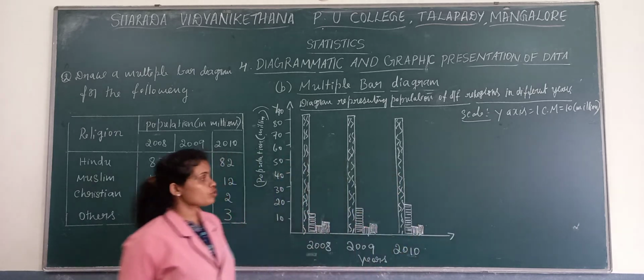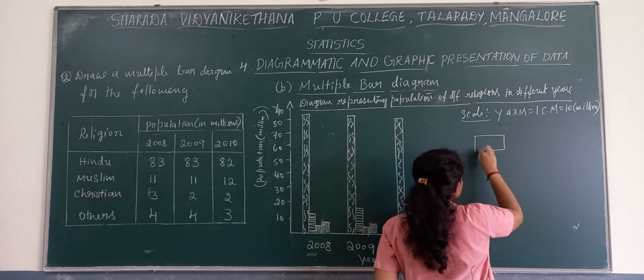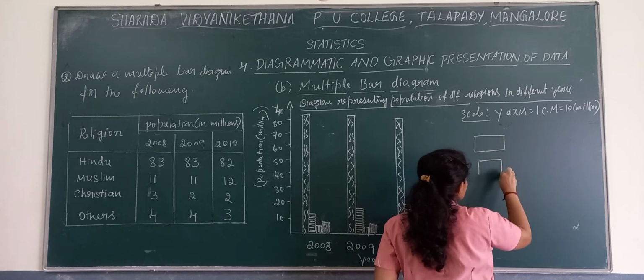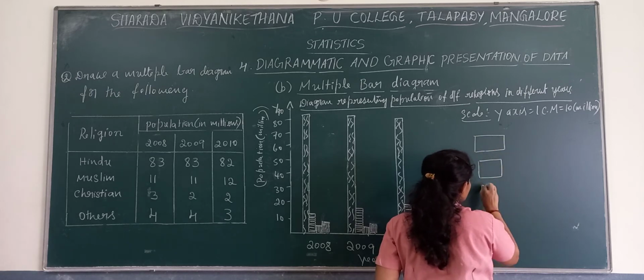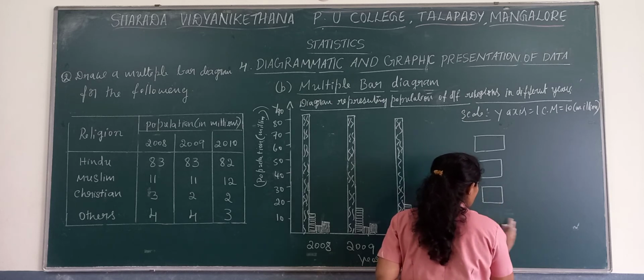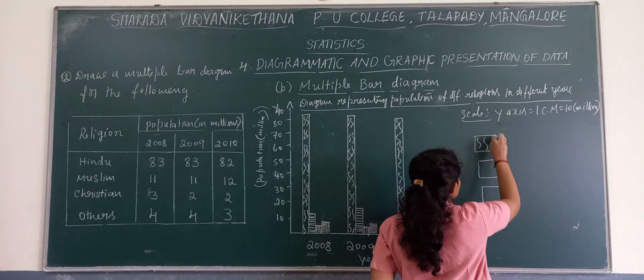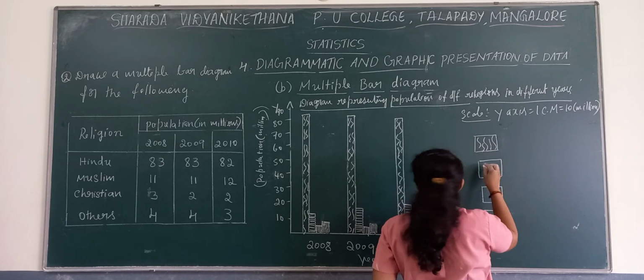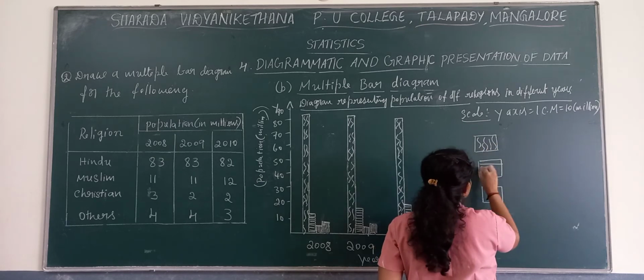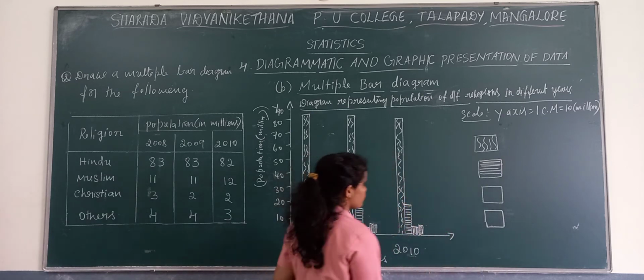Now we need to show the index. We have to prepare the index here: Hindu, Muslim, Christian and others. The first one, Hindu, is represented like that. Then here it is Muslim.